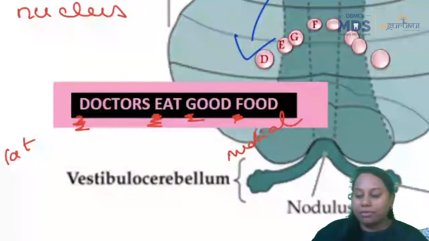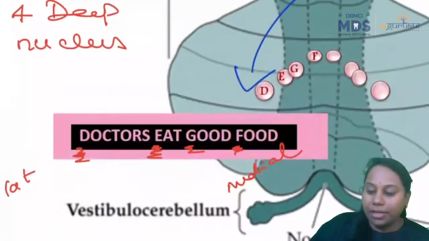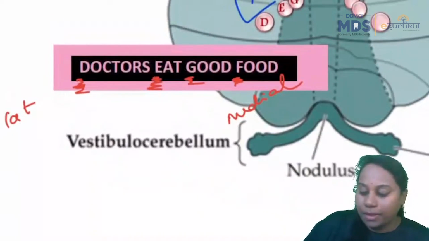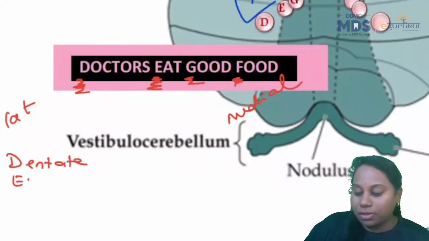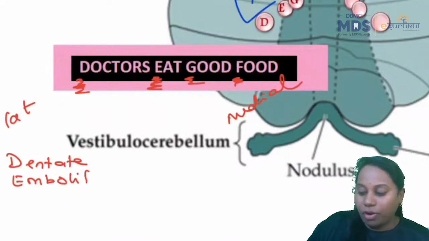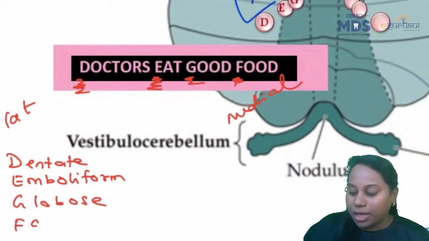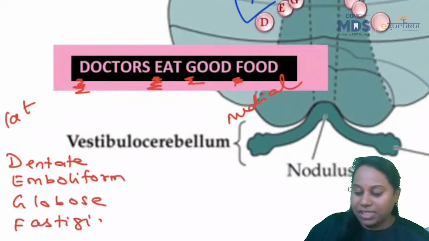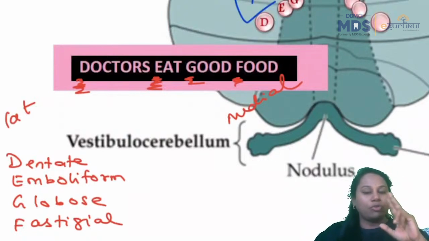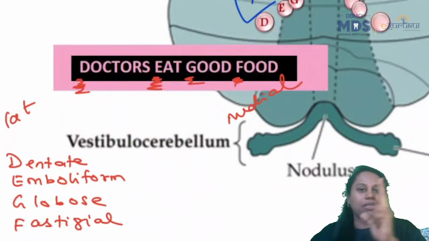What does this stand for? D for dentate nucleus. E for emboliform nucleus. G for globose. And F for fastigial.